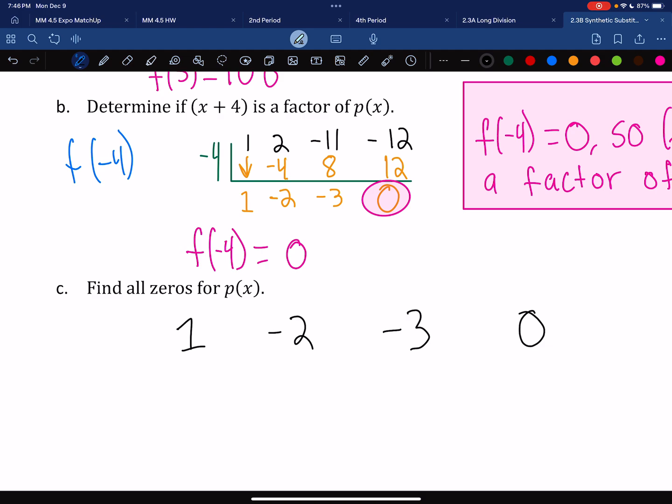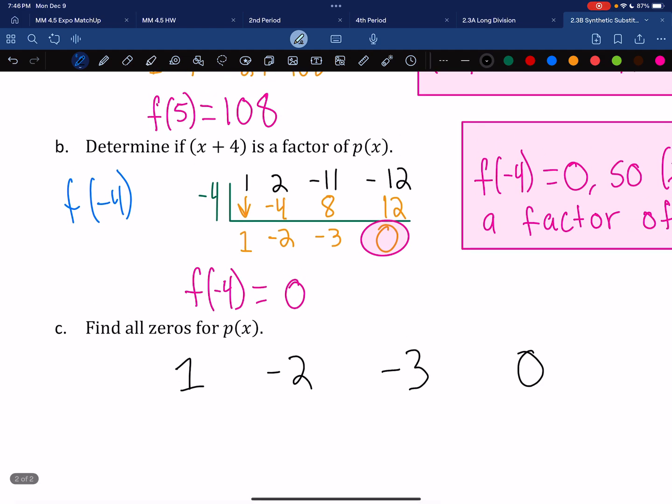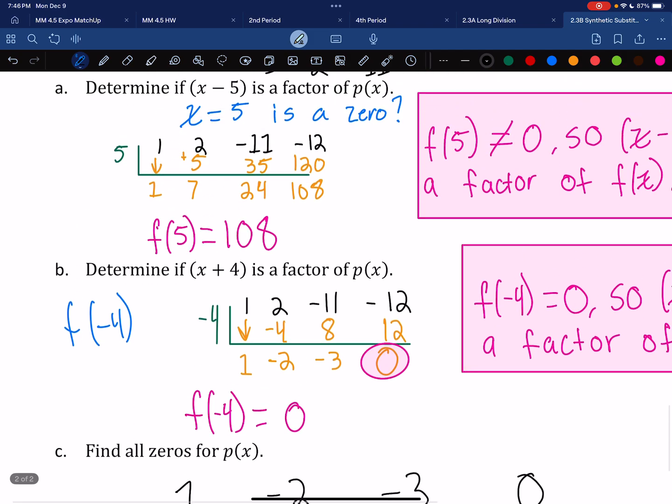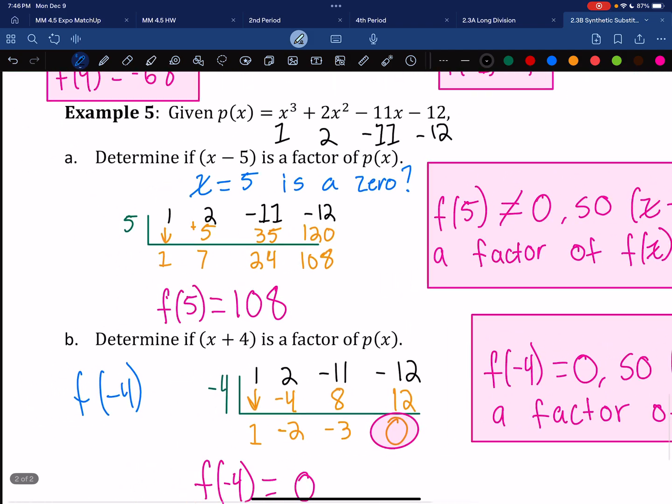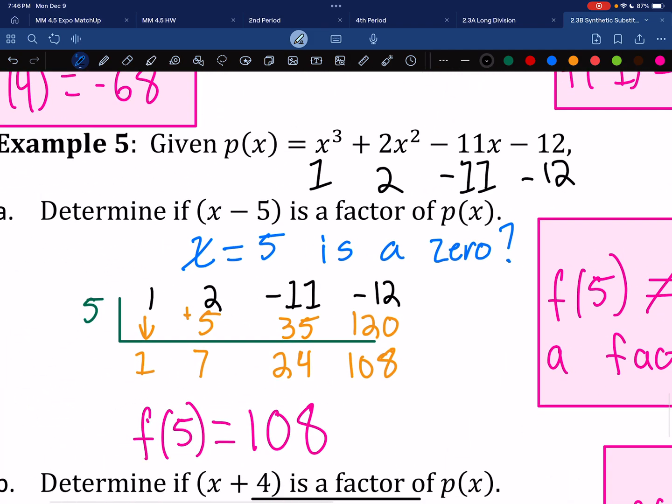We don't have to put the 0 because 0 times anything is 0, but let's just go ahead and use it for now. In our original p of x equation, I've been calling it f of x this whole time, but p of x, I started off with x cubed plus 2x squared minus 11x minus 12. So I started with my highest exponent and I worked my way down.